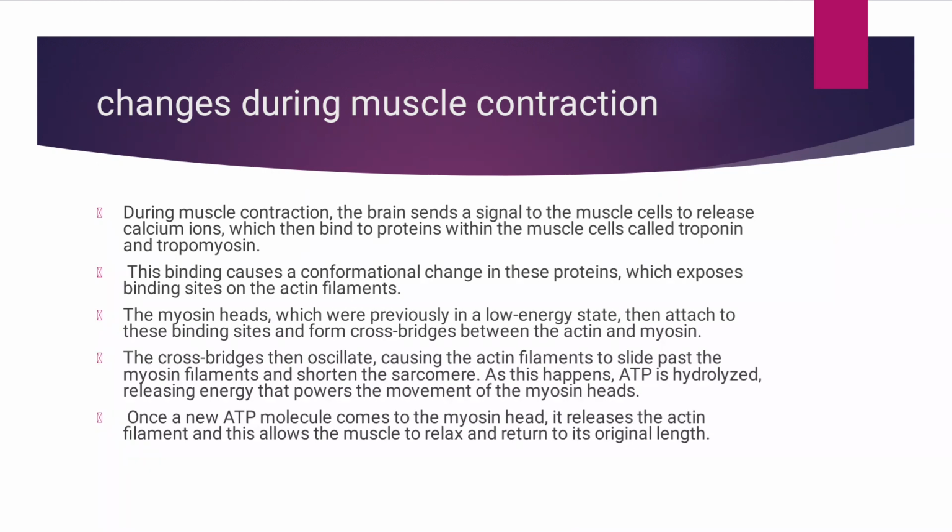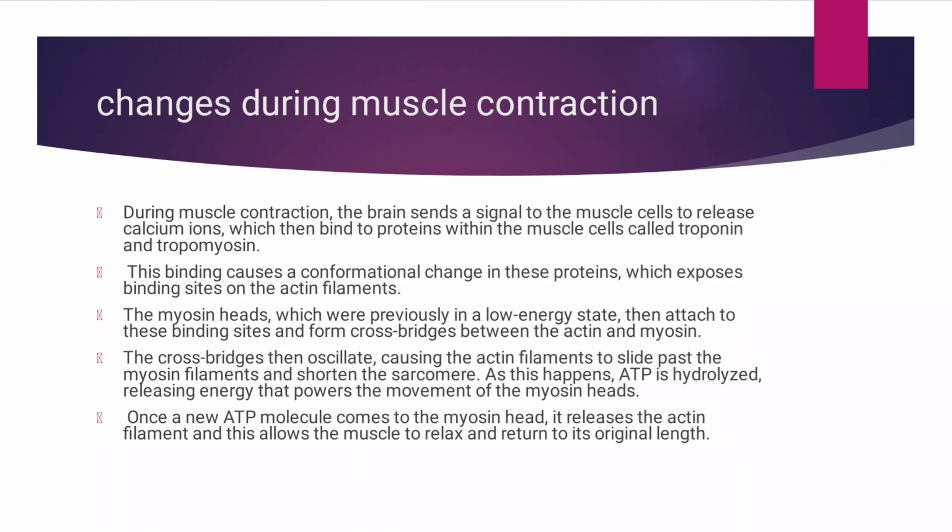Then these cross bridges oscillate, causing the actin filaments to slide past the myosin filaments and shorten the sarcomere. As this happens, ATP is hydrolyzed, releasing energy. This energy powers the movement of the myosin heads.